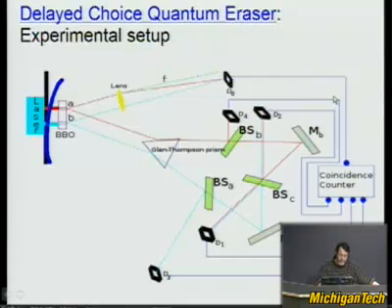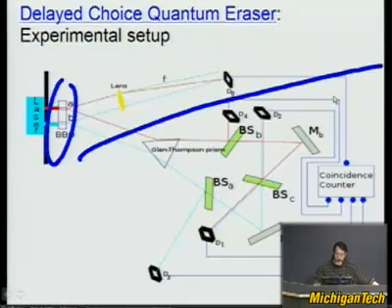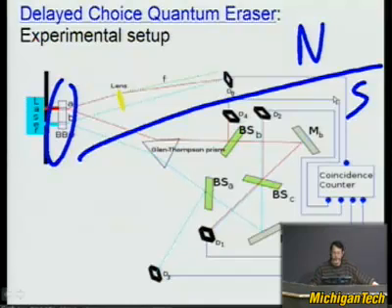Here are 2 slits. It's a 2-slit experiment. That's what it is. Here's the north half of the 2-slit experiment. Here's the south half of the 2-slit experiment. There's pairs of entangled photons. So what happens in the north half and what's happened in the south half are entangled. That's what you need to know. The north half is very simple. It's just the 2-slit experiment.